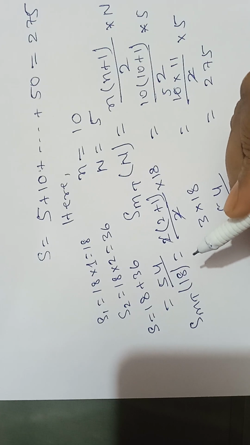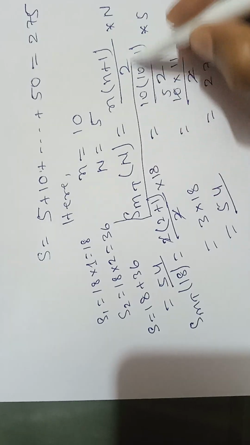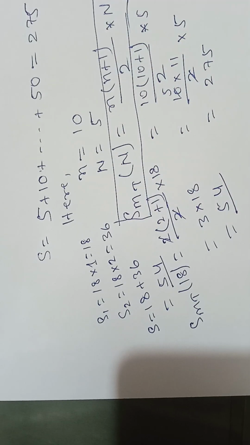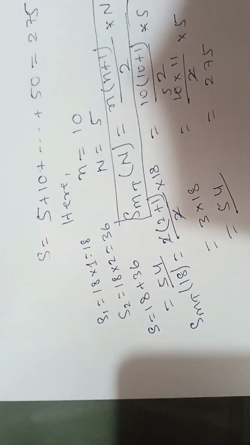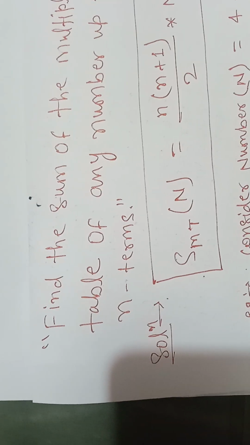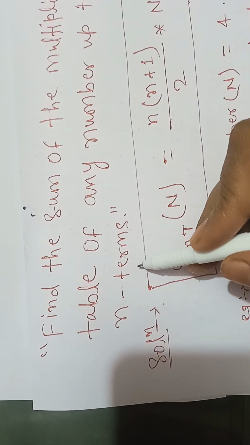Suppose you want the multiplication table of 5 up to 20 terms, 25 terms, or 100 terms. By using this formulation we get the value easily in a very short time. Clear? So this is our formulation to find the sum of the multiplication table of any number up to n terms.